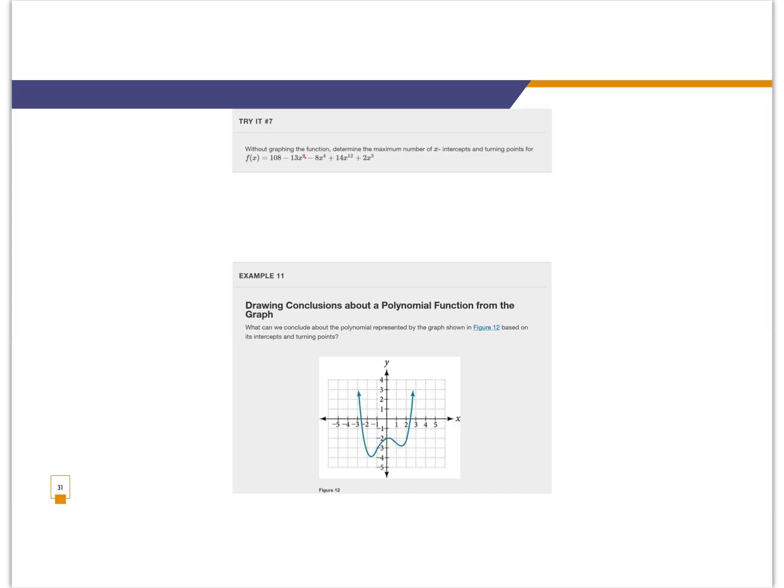Because there's a 9, there's a 4, there's a 12, there's a 3. They're in crazy orders. They did not put them in order. It's not general form. So you have to go treasure hunting. Where is the leading coefficient? Where is the leading term? Has to be the one with the highest power. There it is.